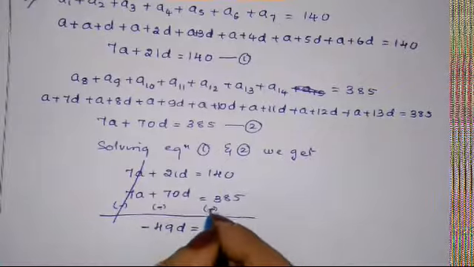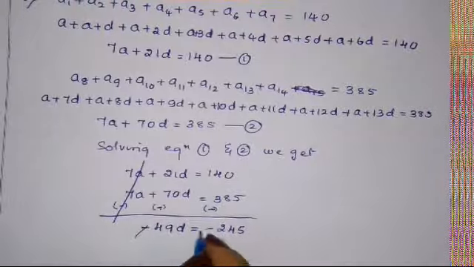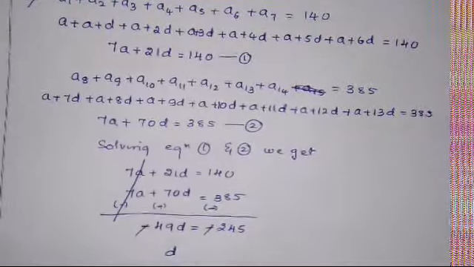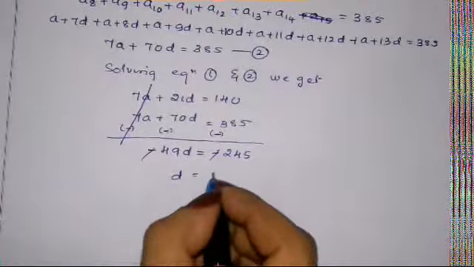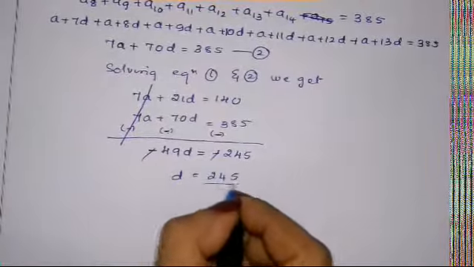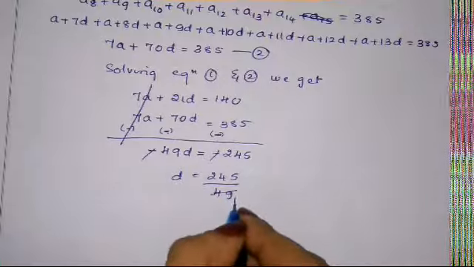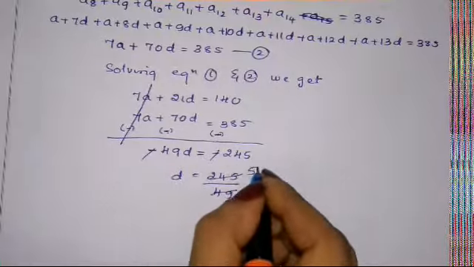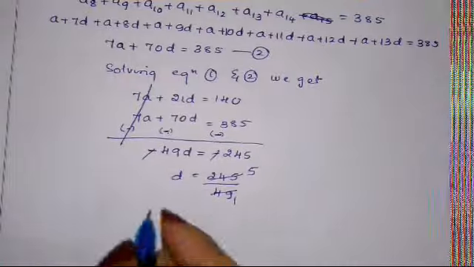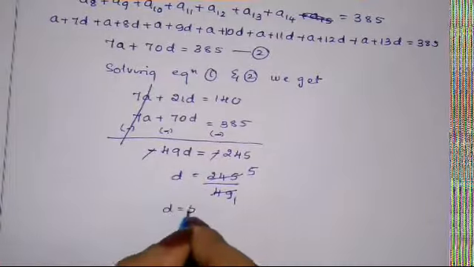Here also the greater sign is minus, so minus minus gets cancelled. D is equal to 245 upon 49. 49 ones are 49, 49 fives are 245. So the D value we got is 5.